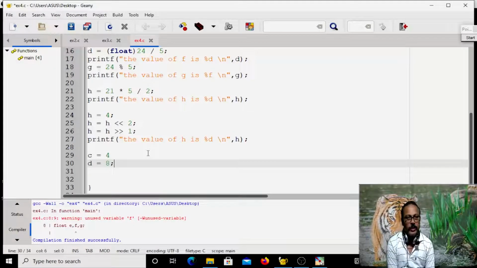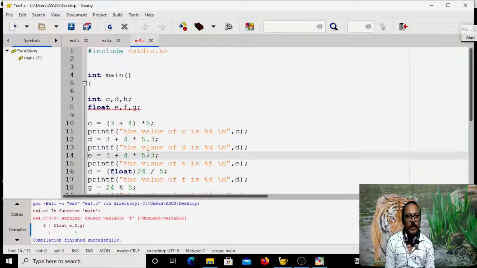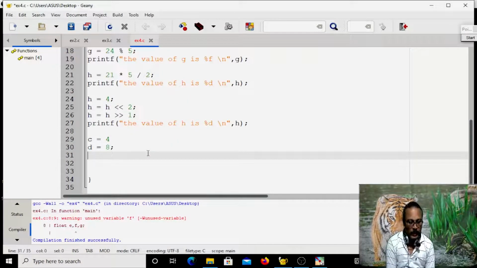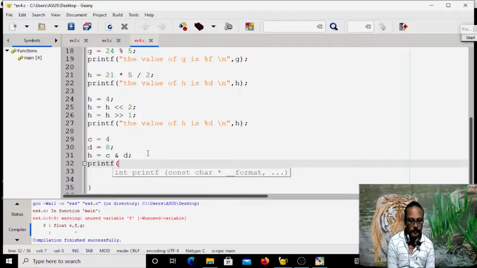Now bitwise and only. H equal to C and D. Printf, value of H is, percentage d.